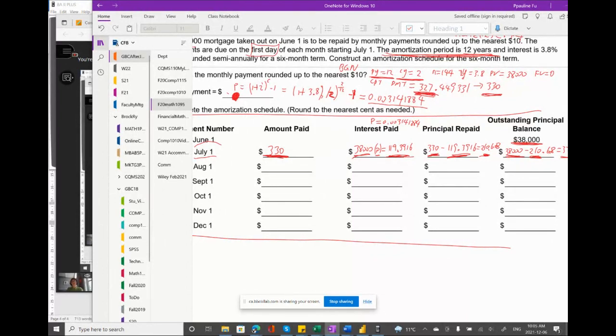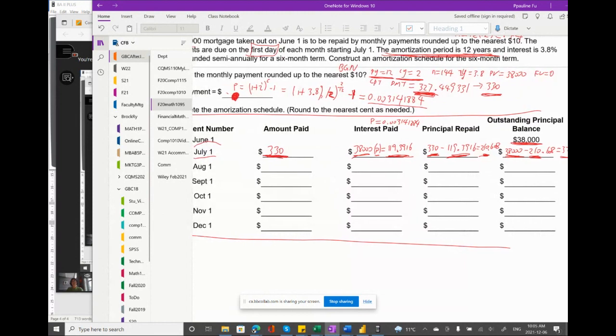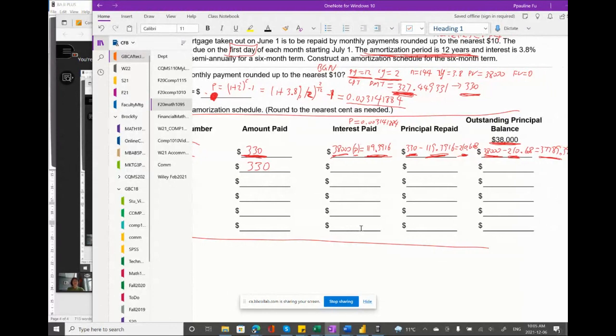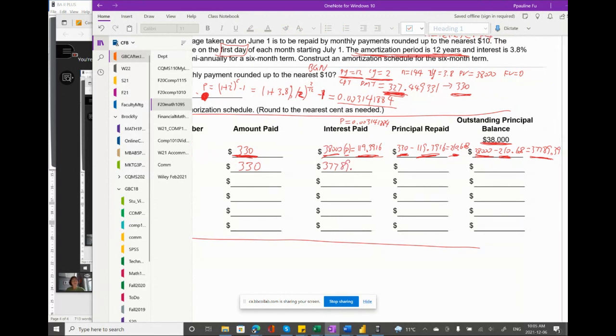Repeat for the second month. Starting August 1st is the second month. For the second month, you still pay $330. The interest paid is outstanding balance times P. For the outstanding balance, you have to go to the previous outstanding balance. That number is 37789.39.